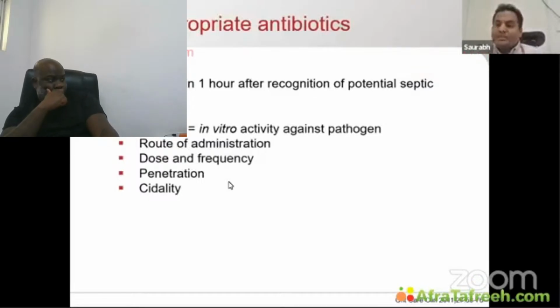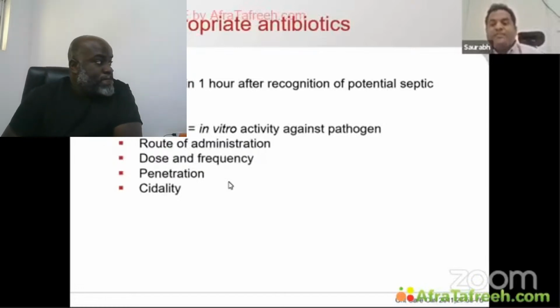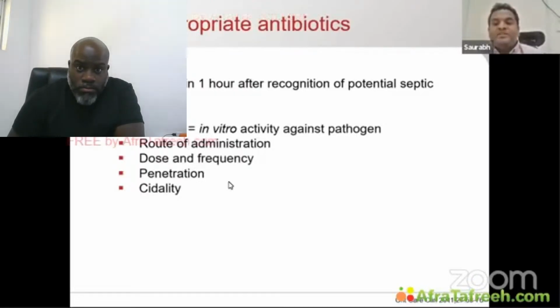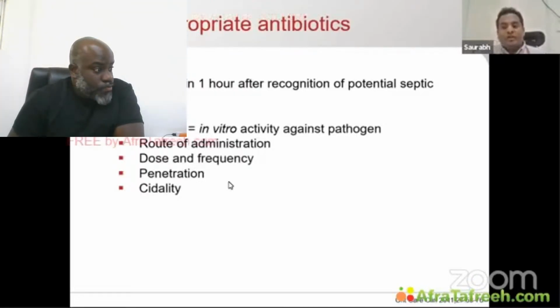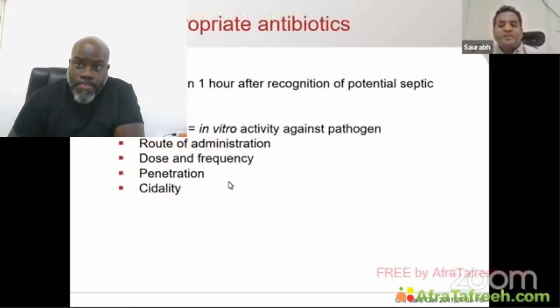And supposedly you start a patient today on levofloxacin, which is intravenous, and after 2 days your patient is much better, he's sitting, eating well. That means that day you need to make it oral. So your route of administration will also change depending upon the patient's improvement. Your dosage and frequency will also change. Supposedly your patient today has come in renal failure, he has sepsis with renal failure.